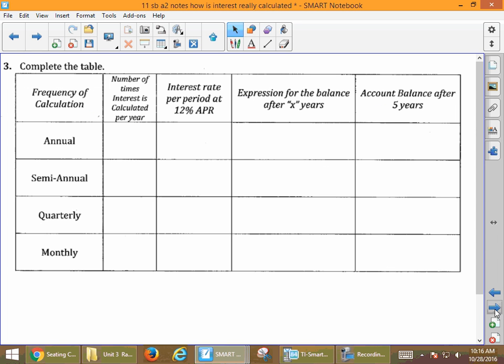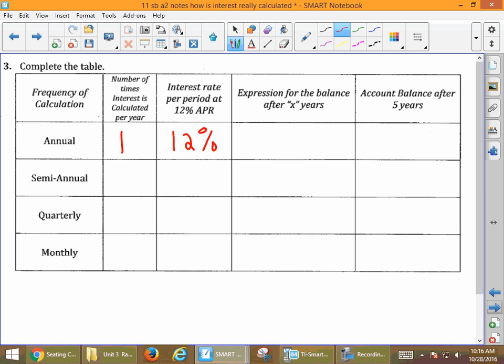And let's take a look at this here. What we've done so far is we've done the annual. In the annual, we said the interest is going to be calculated once per year. And our interest rate was 12%.